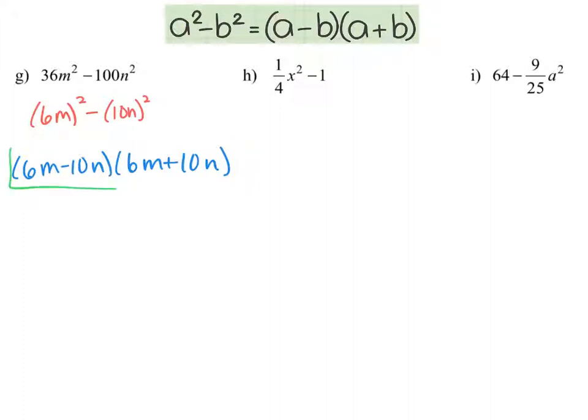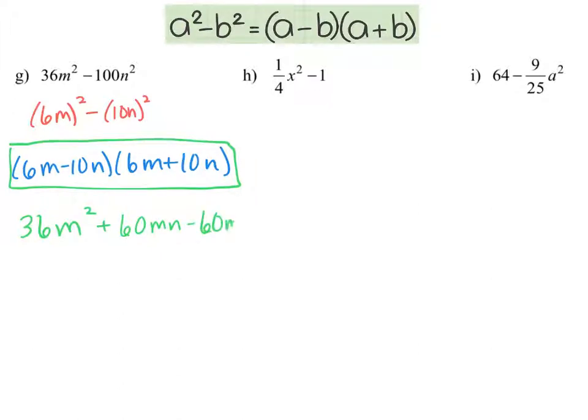We can check our answer using FOIL, first, outer, inner, last, and we get 36m squared plus 60mn minus 60mn minus 100n squared. Simplified, we get 36m squared minus 100n squared, and that's the same thing as what we started off with, so we know that our factored form is correct.